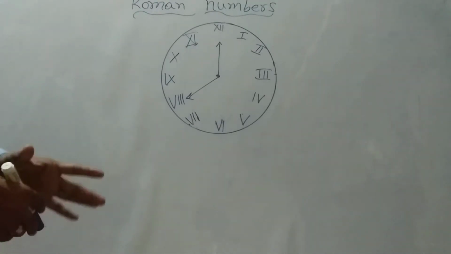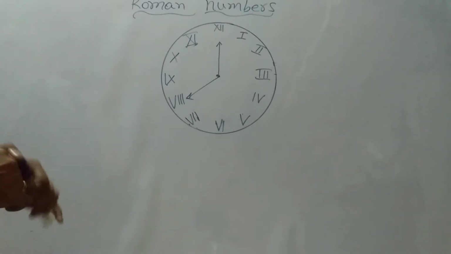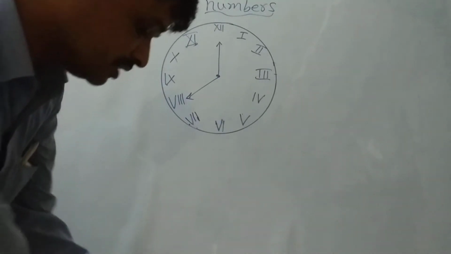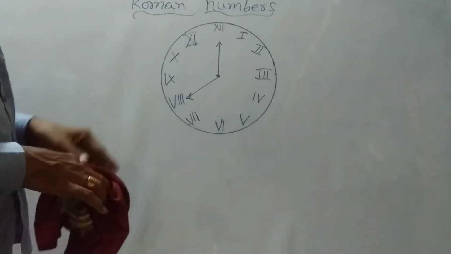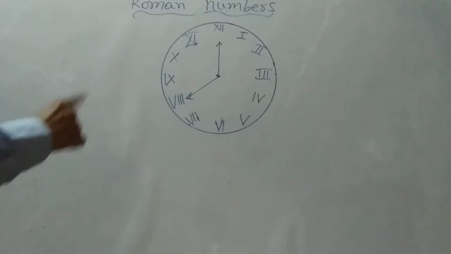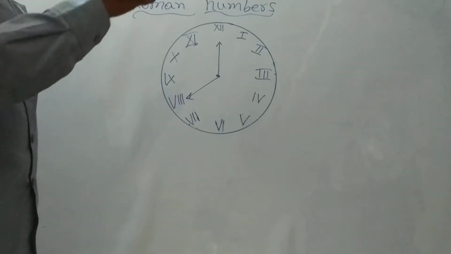Nowadays we use these numbers only in rare cases. But we will see what the use is, how to write the numbers, and which symbols we use. Observe this: here numbers are represented with English alphabets.